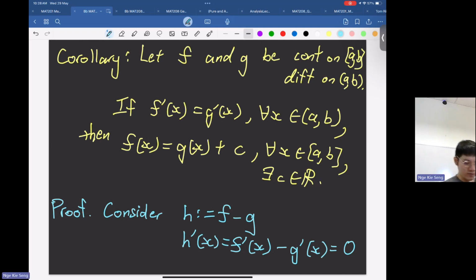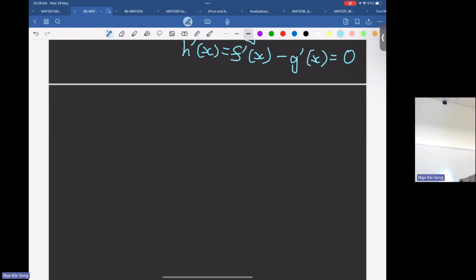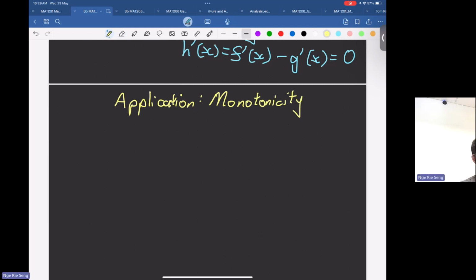Actually we have more applications. We have applications on monotonicity, right? I mean, how to check a function is strictly increasing or decreasing? How many ways to check a function is increasing or decreasing, in calculus, I mean?